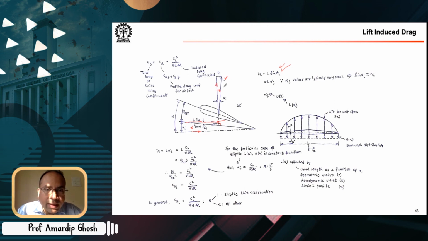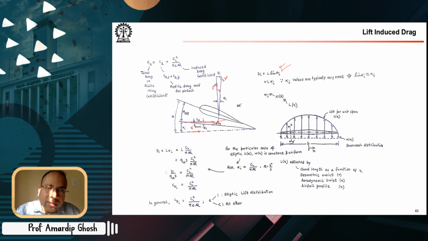Now when you're looking at the aircraft flying from a distance, you still talk about lift as normal to the global V infinity. So this is still the lift with respect to the global V infinity, not the local V infinity.